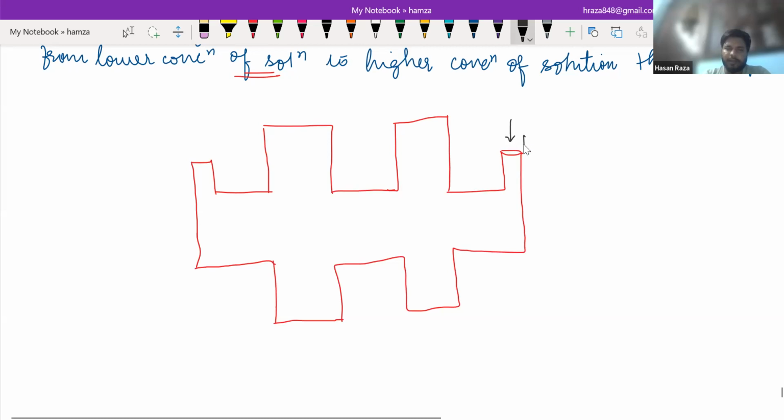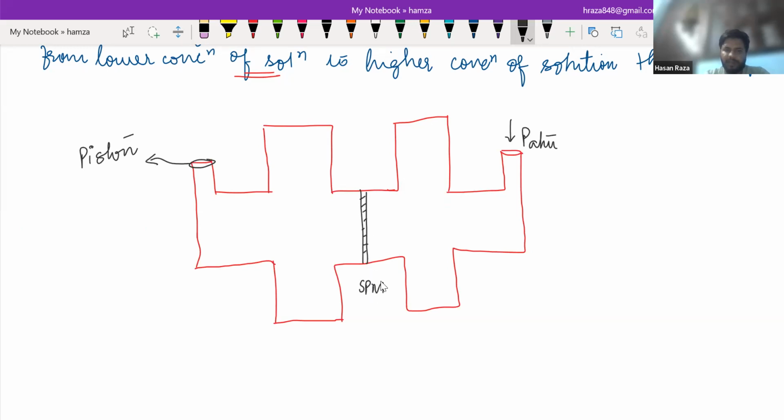See here, it's PATM, that means atmospheric pressure is applying, and here it is the piston that you can adjust according to yourself, and here it is SPM, semi-permeable membrane, and its characteristic is that only solvent can pass through this because the size of solvent molecules is smaller than the solute.